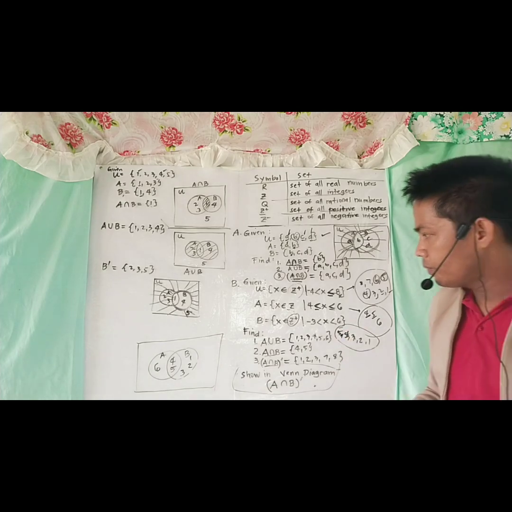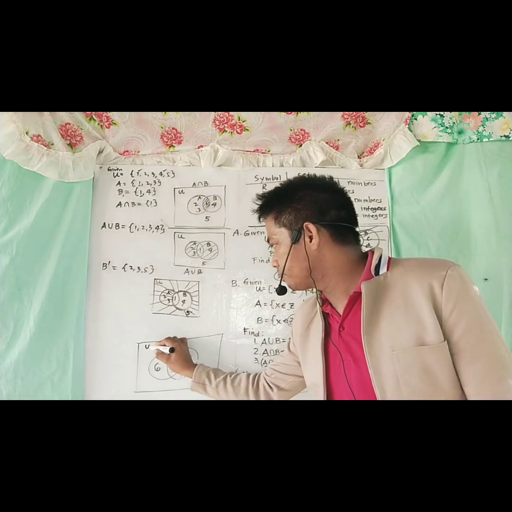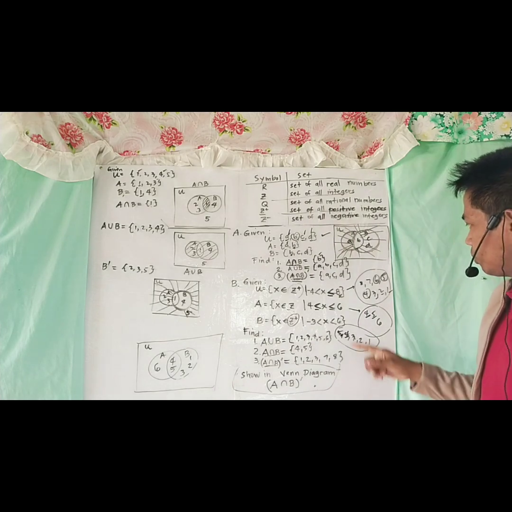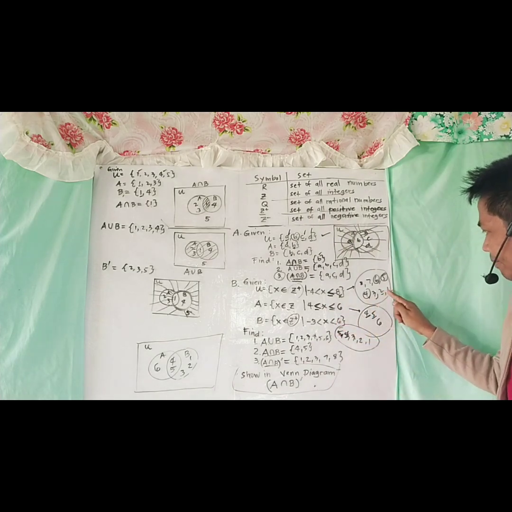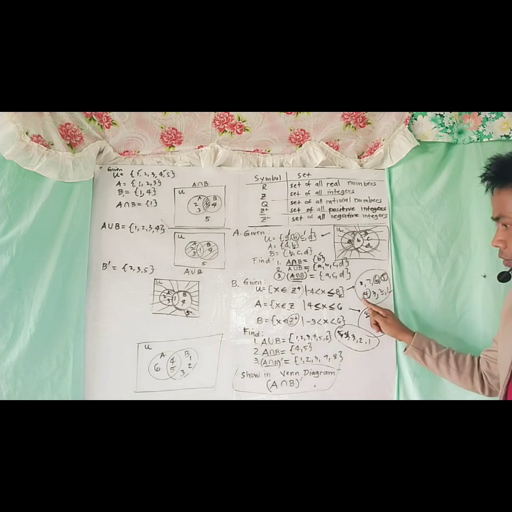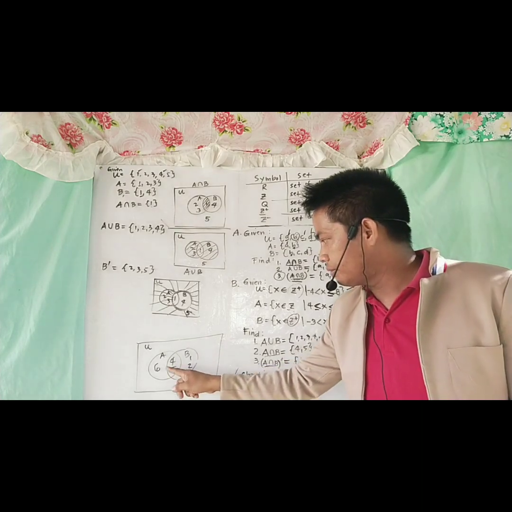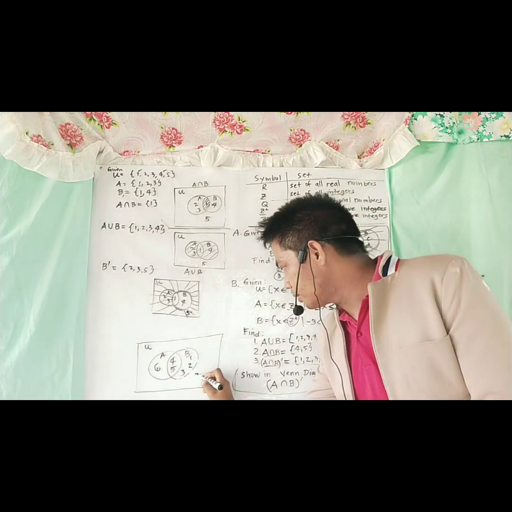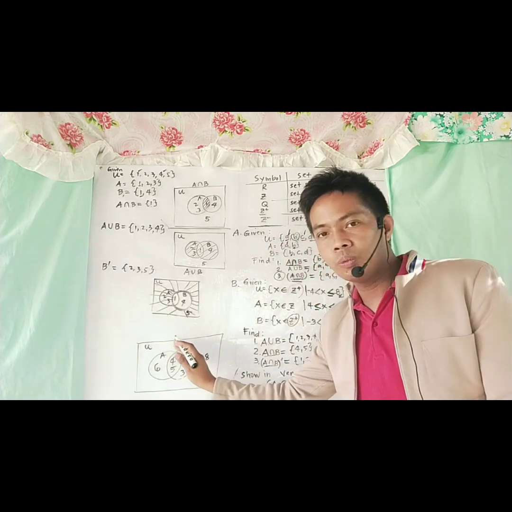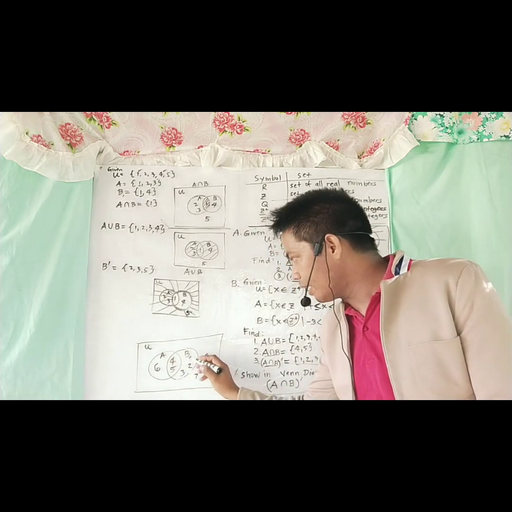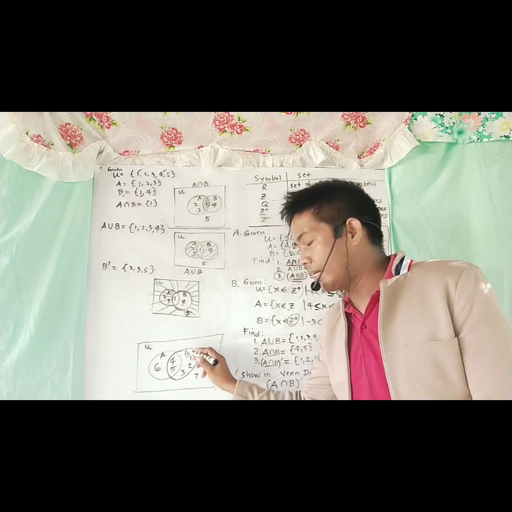For the universal set, we have U, 1 up to 8, the first 8 natural numbers. We have 1, 2, 3, 4, 5, 6. So 7 and 8 are not part of the two sets. These are outside of these two sets.